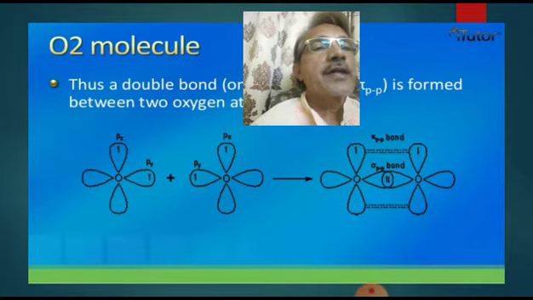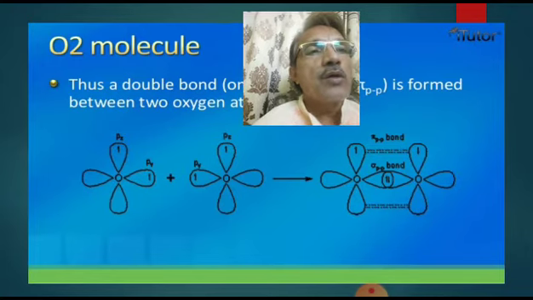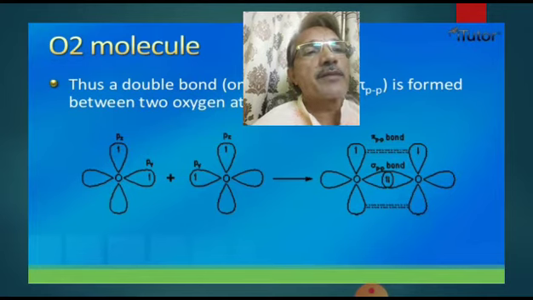On the right hand side, formation of sigma pp bond takes place initially and formation of pi pp bond takes place finally. Ultimately, between two oxygen atoms, a covalent double bond is formed. In that covalent double bond, one will be a sigma bond, another will be a pi bond. Thus, O2 molecule contains a multiple bond.